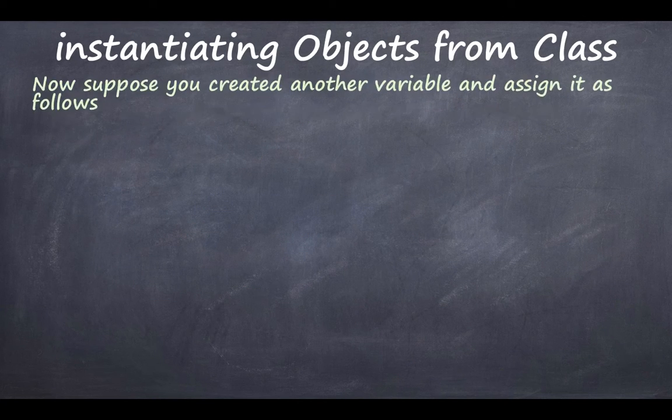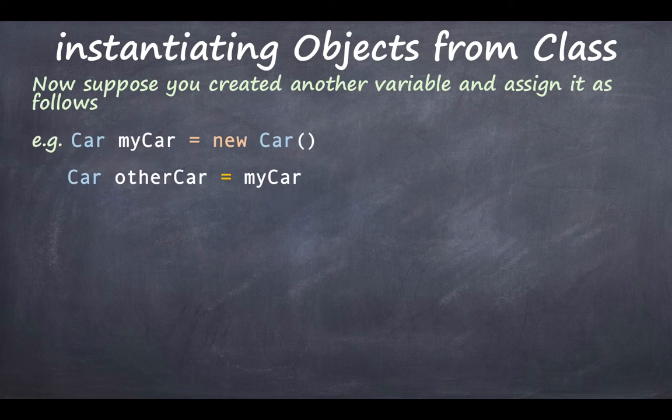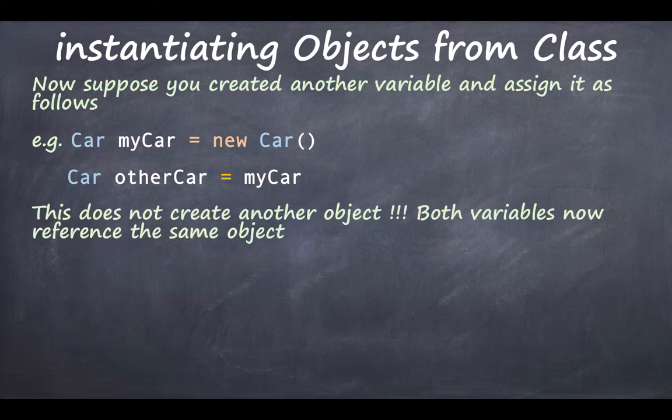Let's look at another example. Now suppose I created another variable and assign it as follows. So Car myCar is equal to new Car. This is the same as what we did before. But now I create another variable of type Car, otherCar, and assign it to myCar. Now what happens? Does this create another new object? No, in this case it does not create a new object because you have not said new Car in the second statement.